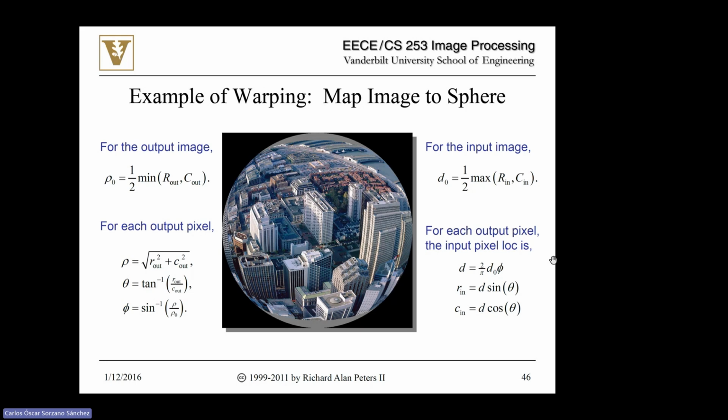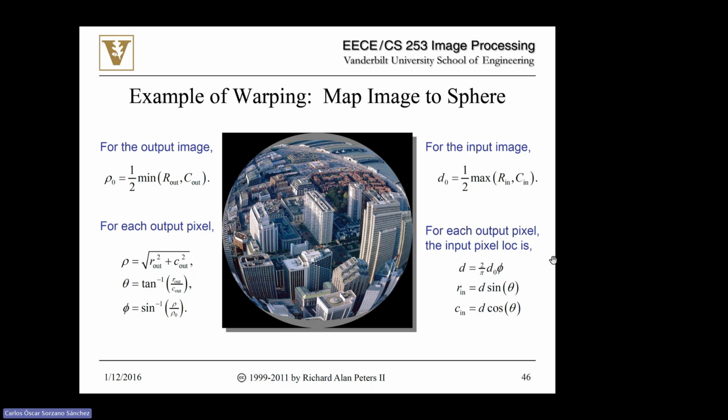Then you take every coordinate in the output and compute rho. This is just a polar coordinate, so these two make a polar coordinate. And then you compute this phi, which depends on where you are and how large your image is.